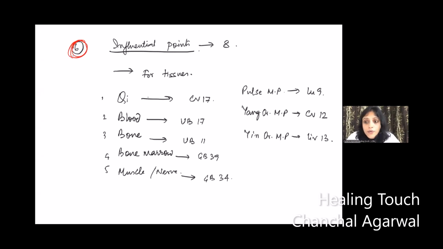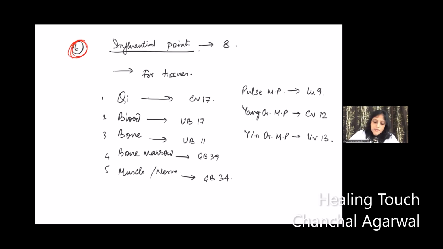It is also related to muscle. It is also related to nerves. So you have to choose UB11. You have to choose gallbladder 34. Right? So these points are frequently used because these are the major tissues in the body.